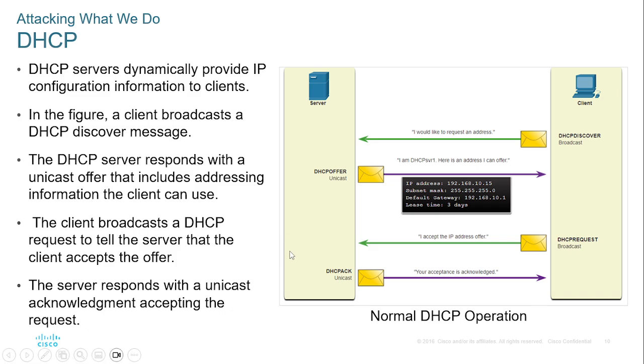And then we have the Dynamic Host Configuration Protocol. DHCP is a server that dynamically gives clients IP addresses, and it can also be abused. When a client wants to join the network, it broadcasts and says, hey, I need an IP address.